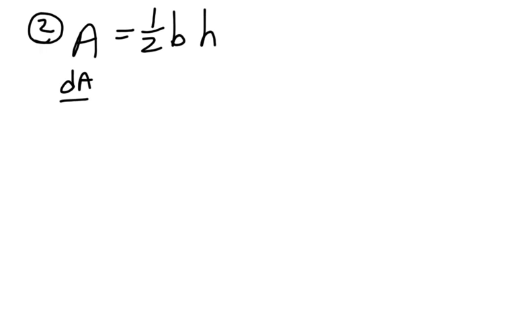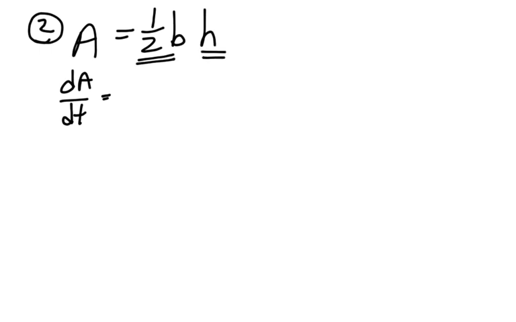So here's another one. Area equals 1/2 bh. This is the formula for the area of a triangle. Now, we're going to differentiate this with respect to time. So again, the area is going to be dA/dt. But when I take the derivative of the 1/2 bh, 1/2 b is a function, h is a function.